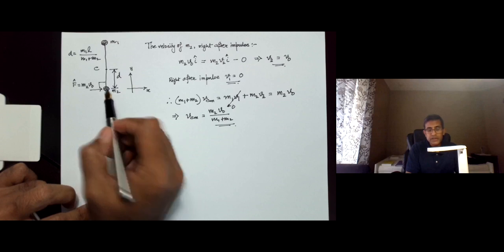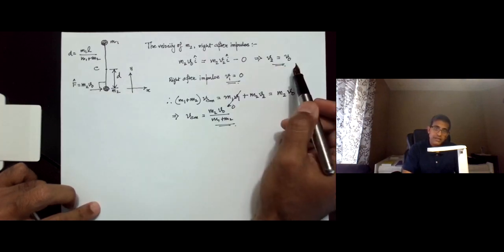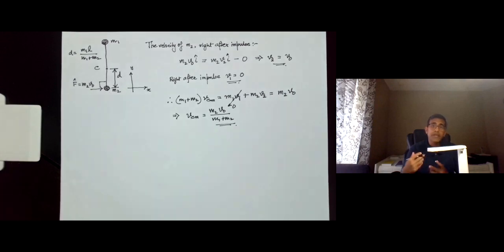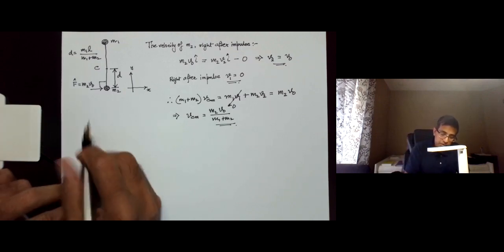And so when we say that the velocity of v2 is v0 at the instant after the impulse, this is a combination of the velocities that are produced by the linear impulse and the velocity that is produced by the angular impulse.